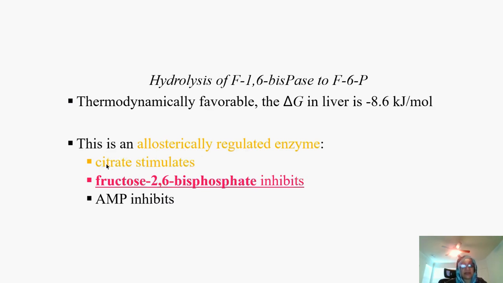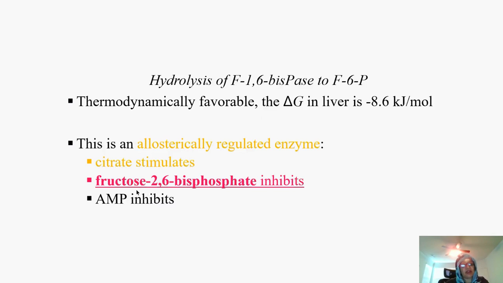If we have citrate, that means we can get energy and gluconeogenesis will be stimulated, so this enzyme of gluconeogenesis will also be stimulated. I'm going to jump to AMP, which inhibits. AMP is an indication of low energy status. If we have low energy status, the liver cannot do gluconeogenesis, so it will be inhibited.